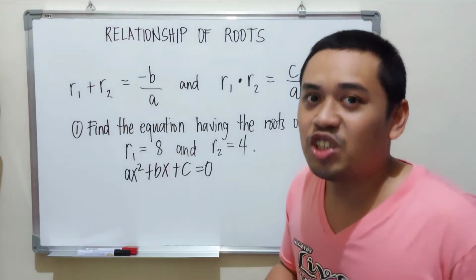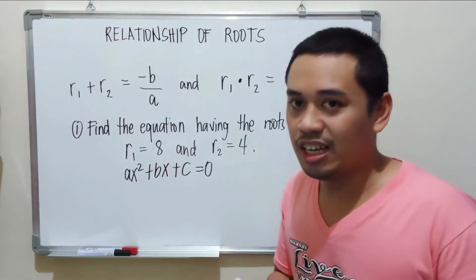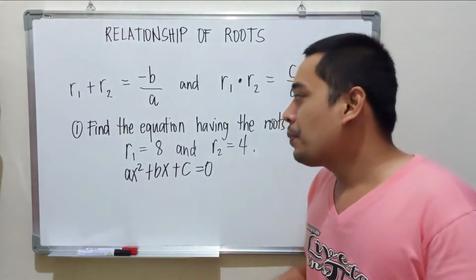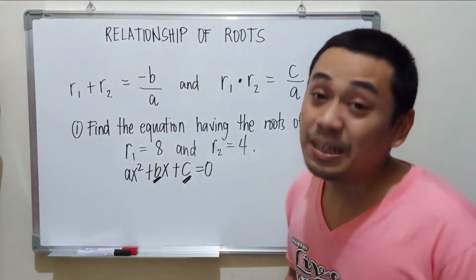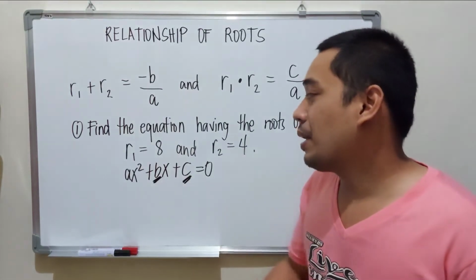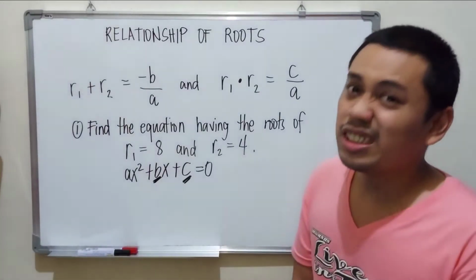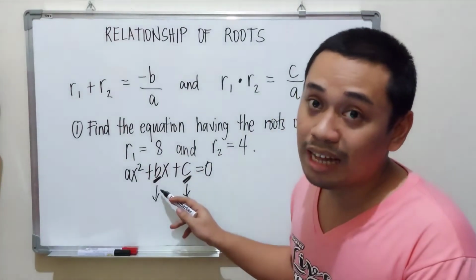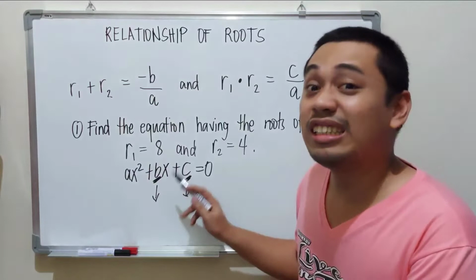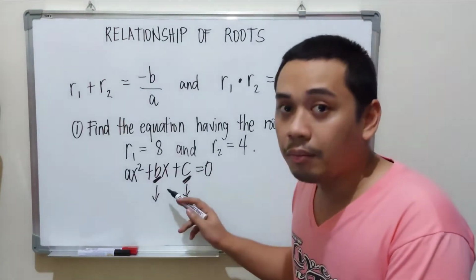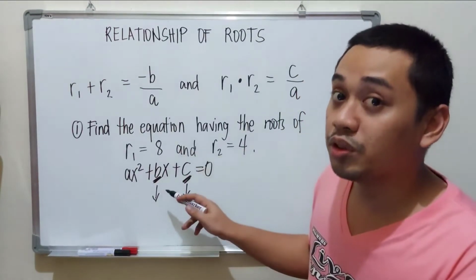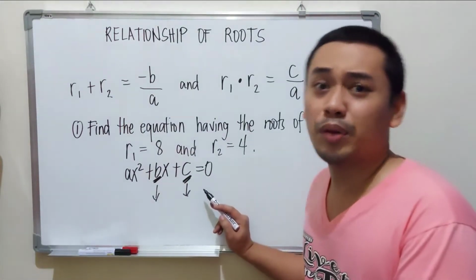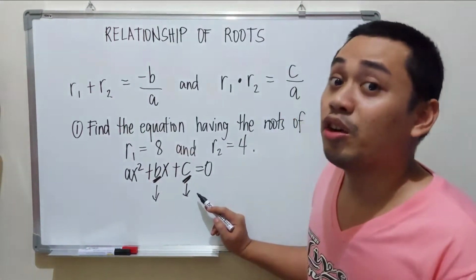If we think of ax squared plus bx plus c, the general form of the quadratic equation, we can immediately think of the values of b and c, since we already know the relationship between roots. The middle term must be the negative sum of our roots, and the last term must be the product of our roots.